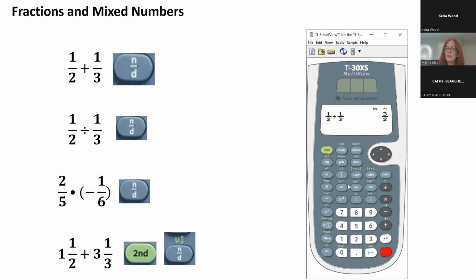That's 3/2. If I want to change that to a mixed number, again, I hit the second button and this 10N button, which shows a fraction going to a mixed number in green. Enter. 1 1/2. Okay. Clear that.